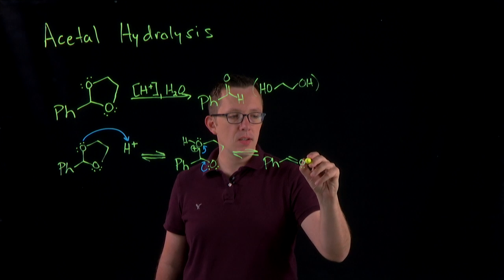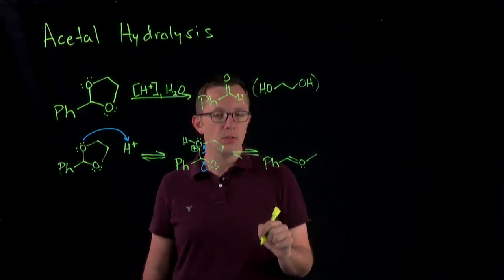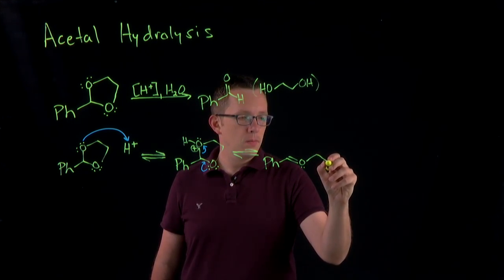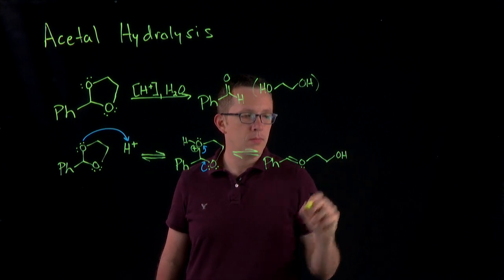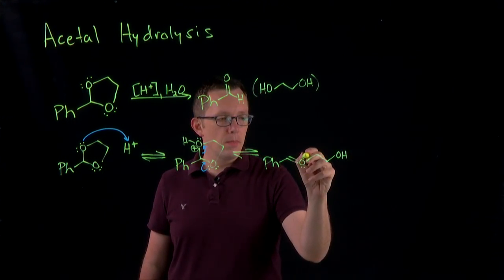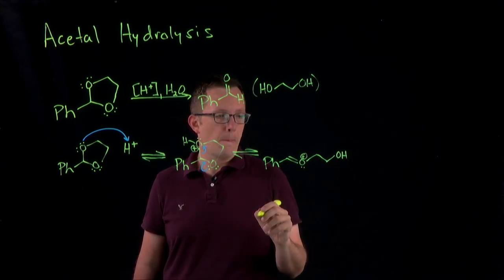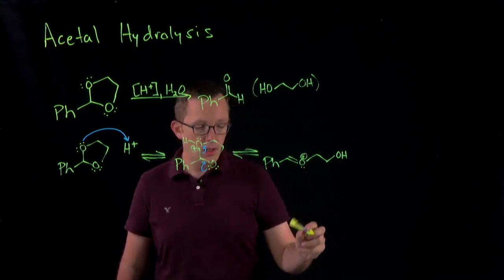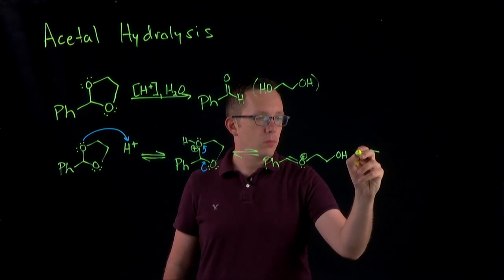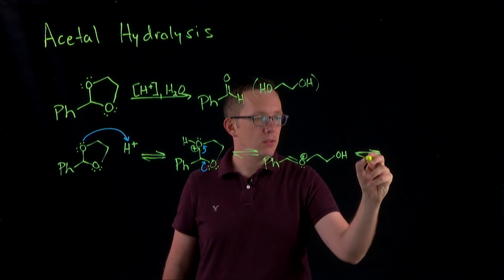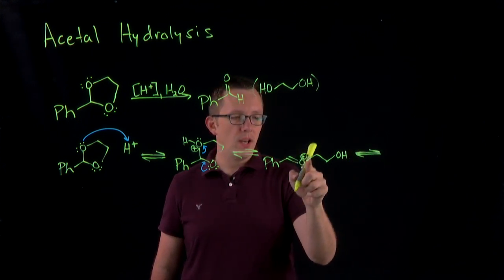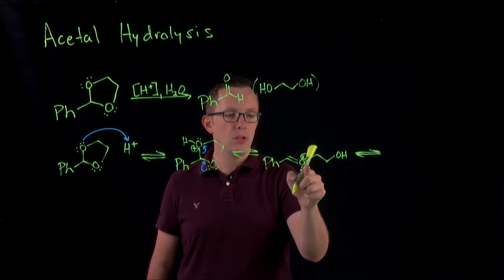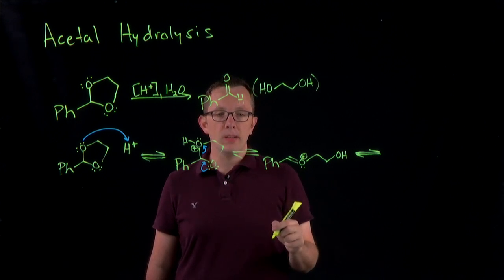That oxygen still has a bond wrapping around to the other oxygen. So we have a positive charge here. Next step, we have what looks like an activated carbonyl, where we have a positive charge on oxygen that's part of a CO double bond.